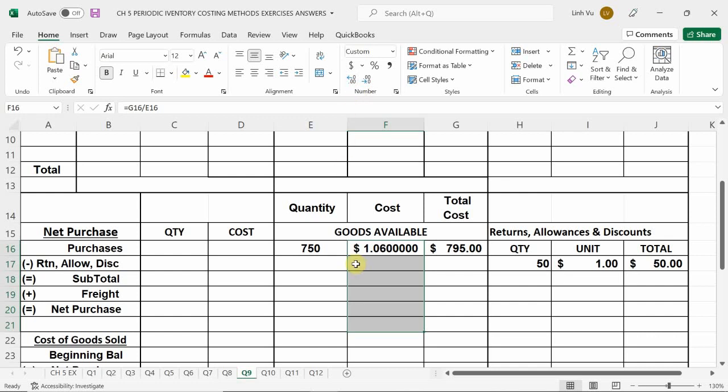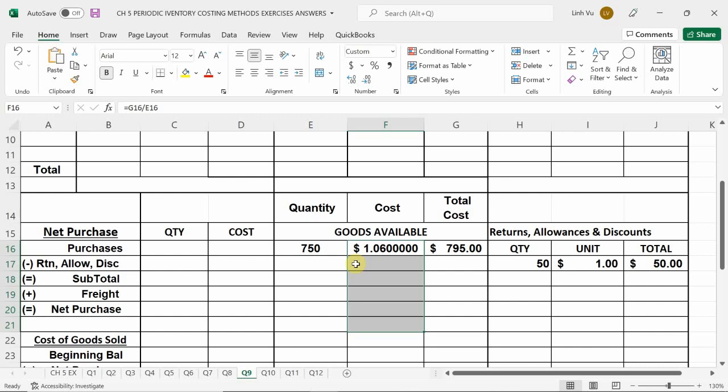Since we have average costing, does it matter which batch of inventory we have? Do we need to keep track of our batches of inventory? No, because at the end of the day, you're going to tally up your totals of quantity and your totals in total cost.